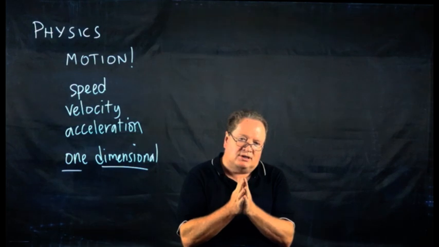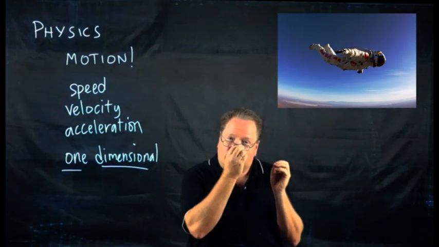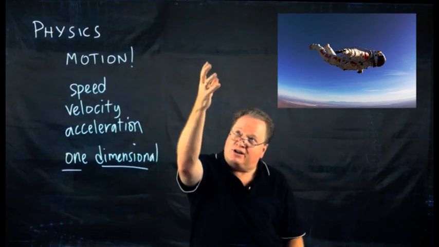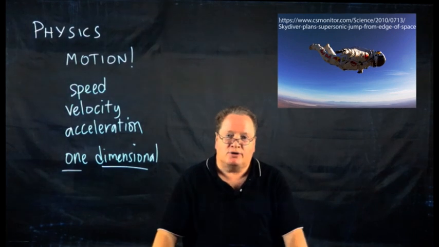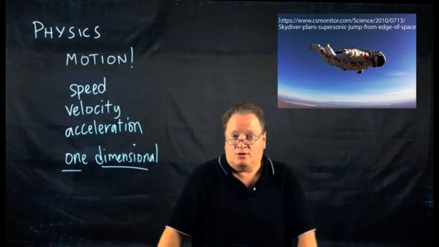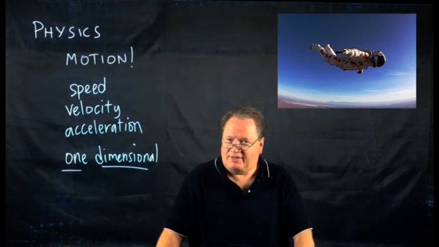Okay? So if I think about some examples, I want you to think about this and ask yourself, what's one-dimensional motion? So first, let's think about a skydiver. If we look at a skydiver falling through the sky towards the ground, would you say that their motion is going to be one-dimensional? I want you to think about it a little bit before I go over the answer.